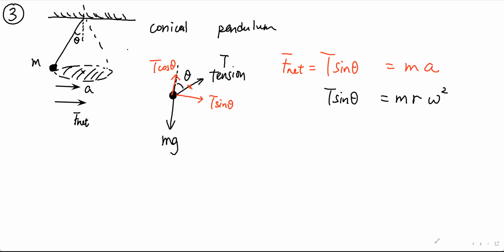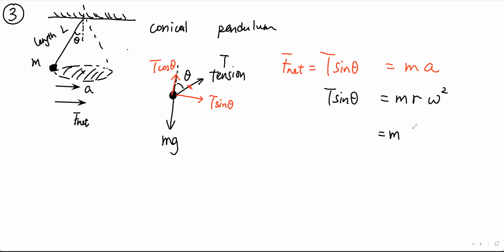Now, given that the length of the string is L, so how about the radius? Is radius L? No. You need to be careful about it. The distance or the length given may not be the radius. We'll see it tomorrow also.